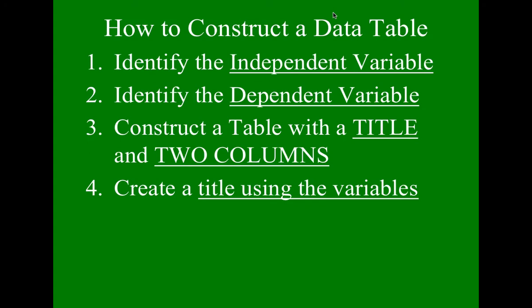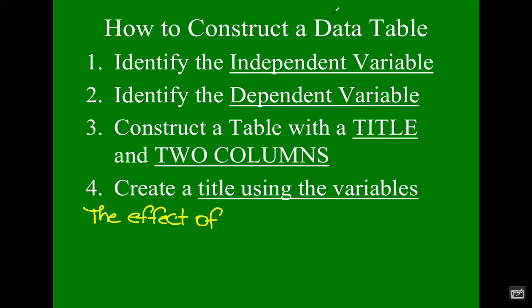So let me get my pen working here and get a color that you can actually see. There we go. So how do we construct a title using the variables? Well, it's actually pretty simple. The easy way is to start with the words "the effect of."